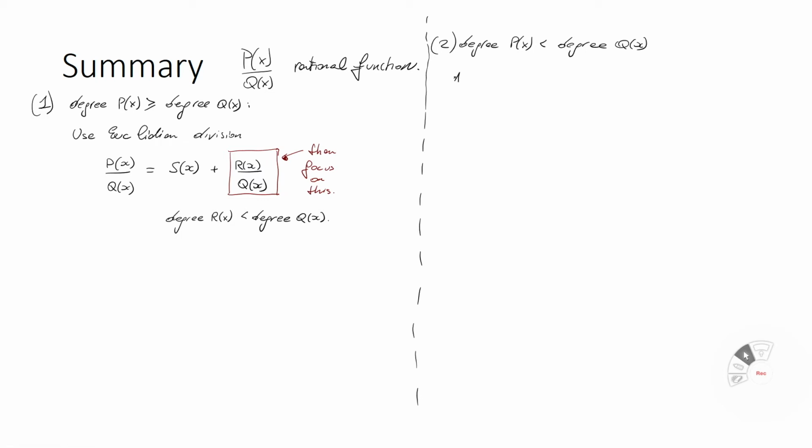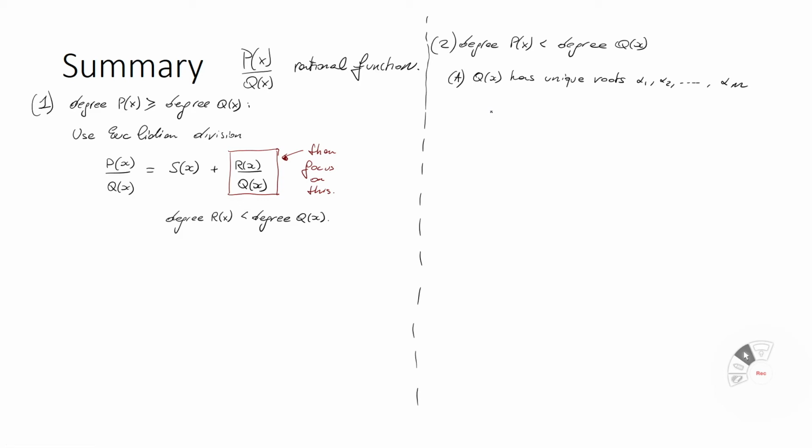So we've covered the case where q has some unique roots, alpha 1, alpha 2, up to alpha m, let's say.